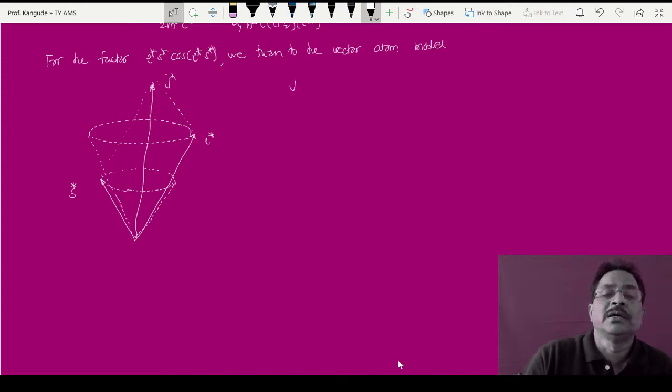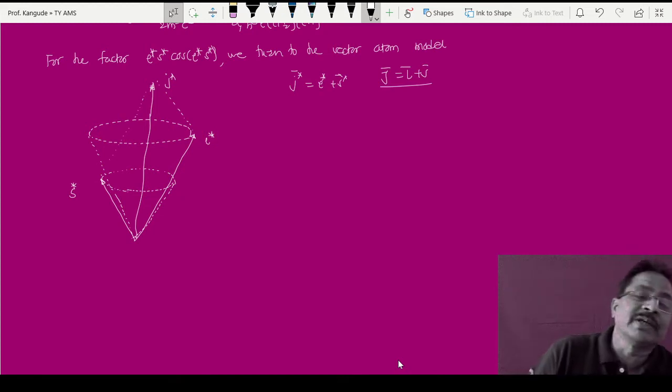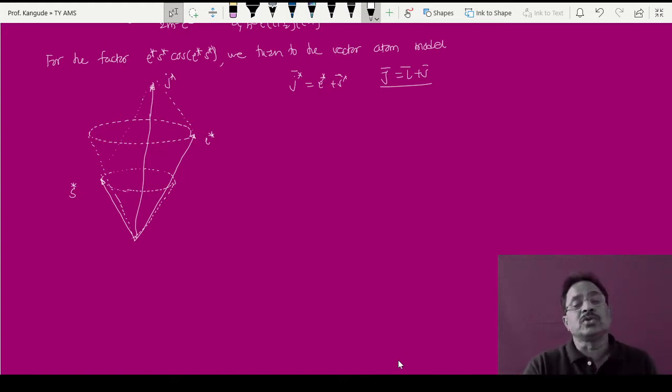I know that vectorially J star is equal to L star plus S star, vector addition, that is J bar is equal to L bar plus S bar. Vector addition of this gives me J star. So I have drawn this vector diagram where L star and S star are shown as two vectors, the resultant of them being J star by the law of parallelogram of addition of vectors.